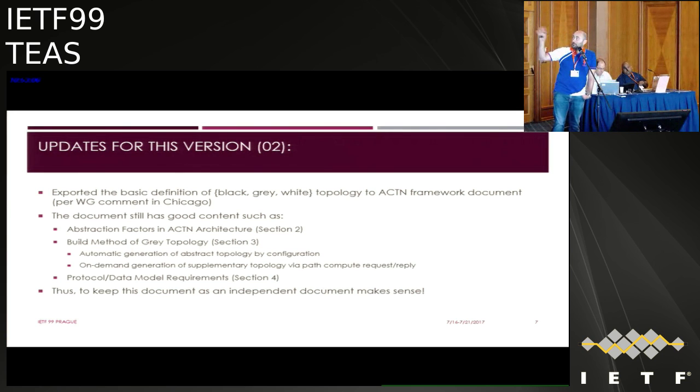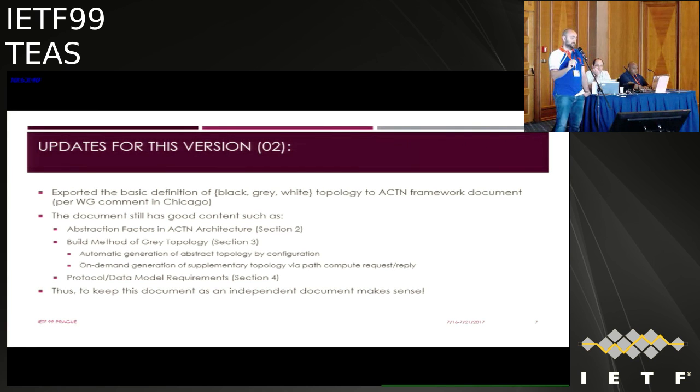So we moved the basic definitions to the framework. Then the open point: should we move the remaining part of the text to the framework document, or should we keep this draft standalone? The authors believe that there is still enough meat to keep this as a standalone document, because it still describes abstraction factors in the ACTN architecture.